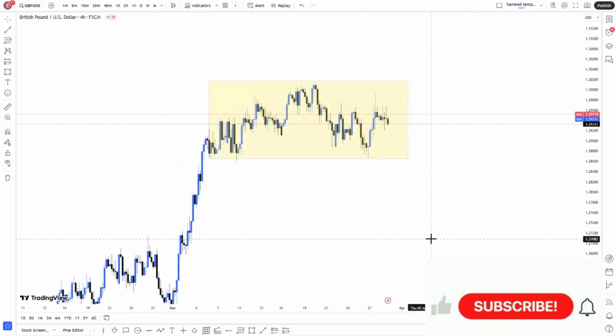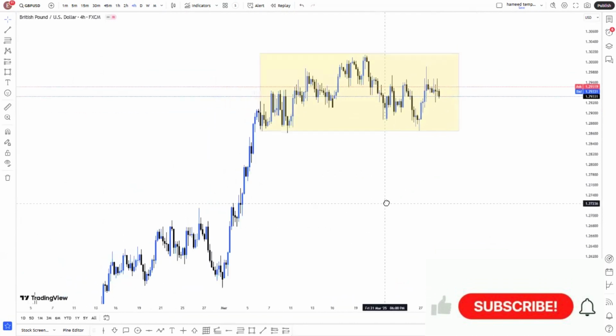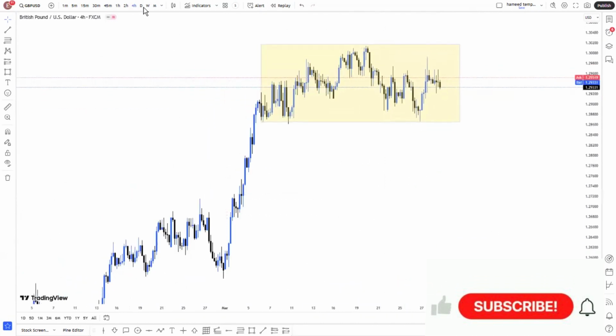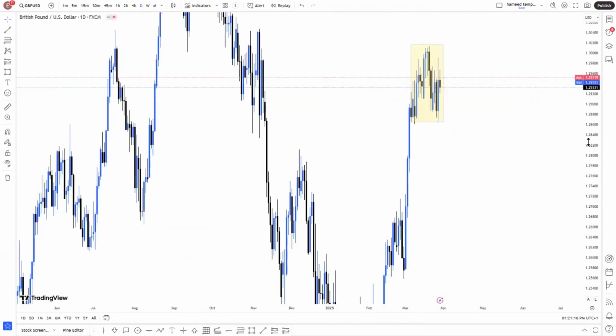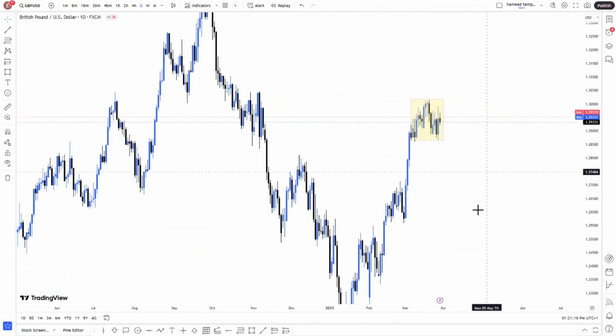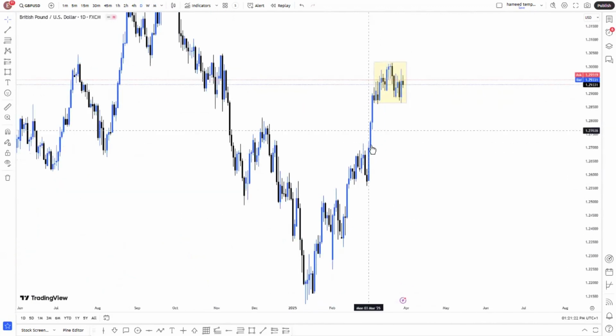Our own duty now is to just wait for the market to decide where it wants to go from this consolidation level. Because when I'm seeing this on the daily time frame, I'm seeing this bullish candle here, or this bullish candle here.